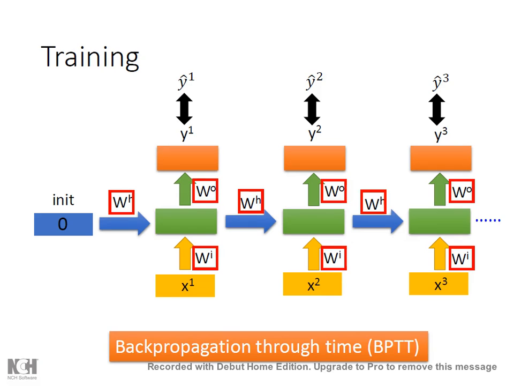You have to tune your weight of your memory here, WH. So you not only tune WO and WI, you also have to change the weight from the memory. So the chain is getting more complicated.